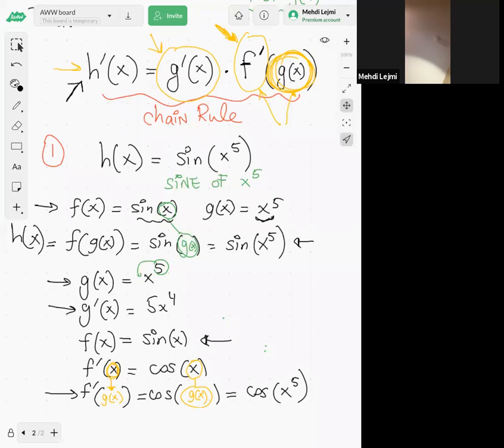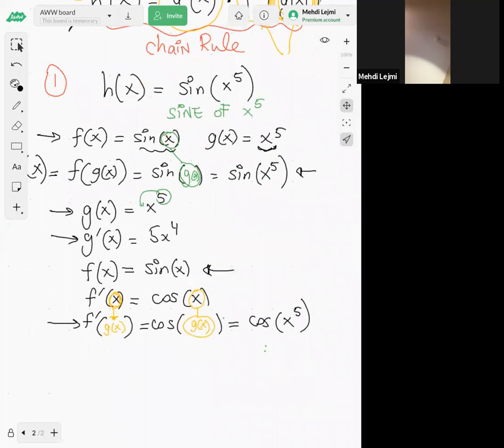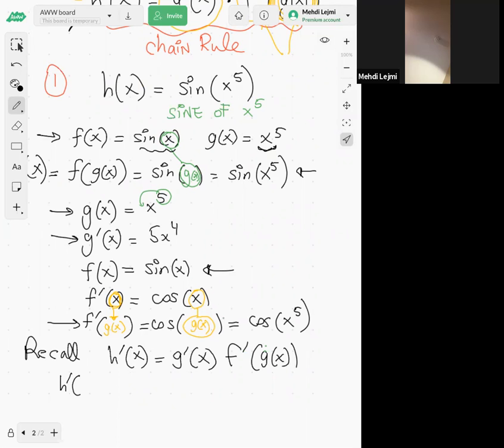So then h prime of x. Let me remind you the formula. h prime of x is equal to g prime of x times f prime of g of x.